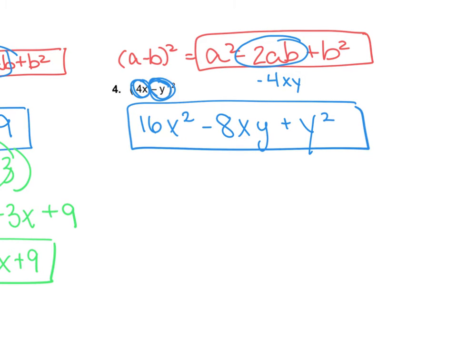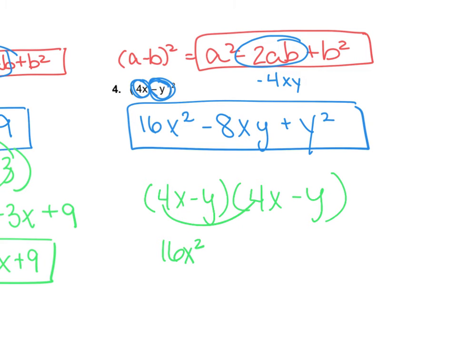Now if you don't want to follow that pattern, again, you can just do this in whichever method you would like to solve these. I'm going to take my first terms, and I'll get 16x squared. I'll take my outside terms, and I'll get negative 4xy.